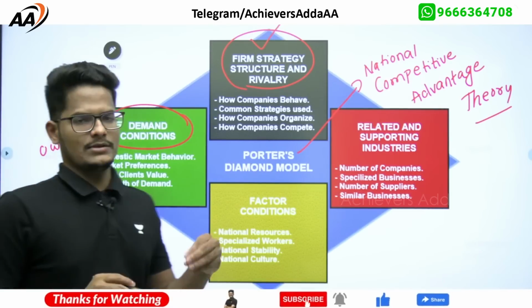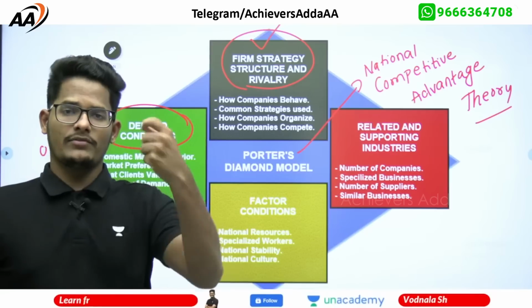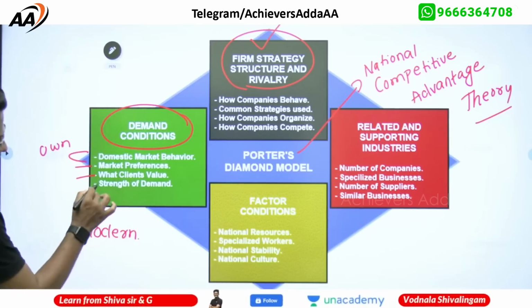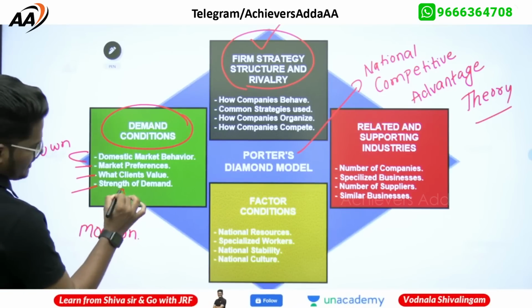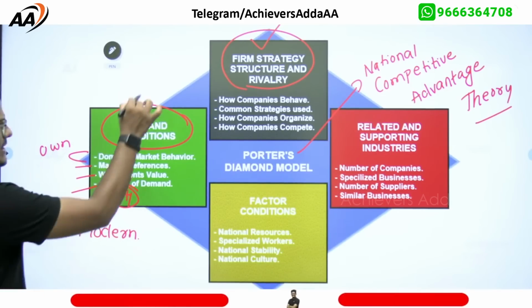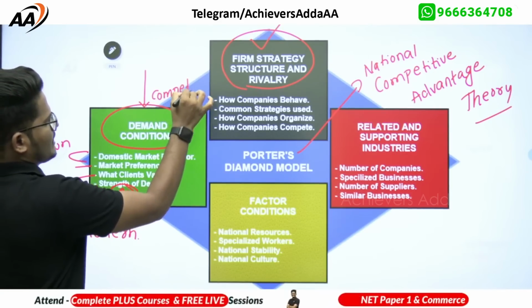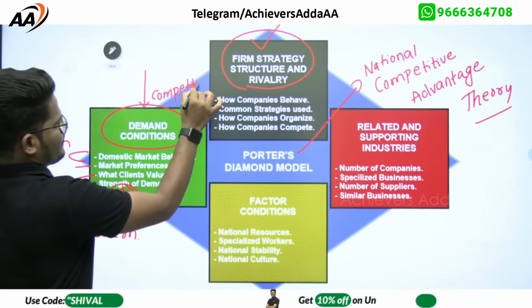So whether we are providing the customer value or not, whatever price they pay, are we providing an equal benefit or not? Strength of the demand means the quantity of the demand. So demand conditions are another important factor to decide competitiveness.